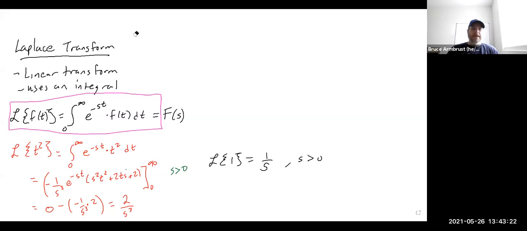If we were to take the Laplace transform of 3t squared minus 2, this is going to be 3 times 2 over s cubed minus 2 times 1 over s, which is 6 over s cubed minus 2 over s.